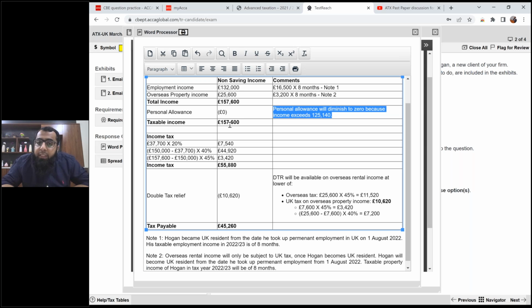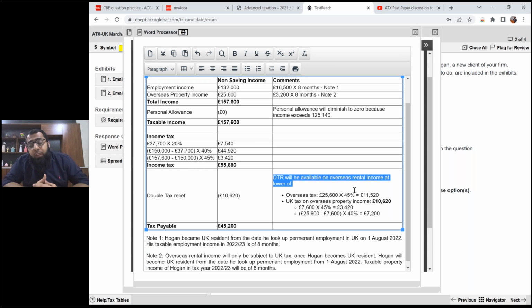Okay, then there is taxable income. The personal allowance has diminished because the income is exceeding the threshold. Then there was income tax on 37,700, it was 20%. Then till 150,000, it was 40%. Then on the excess, it was 45%. Okay, then there was income tax. Double taxation relief will be available on overseas rental income.